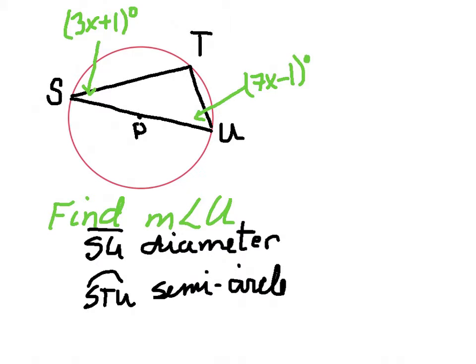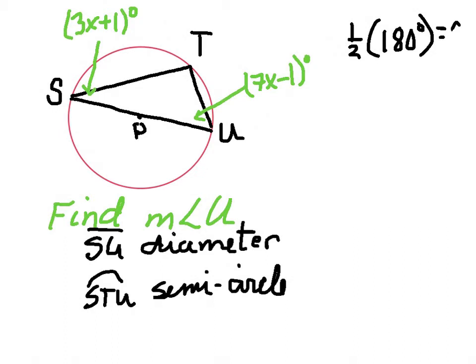When you look at angle S, it's inscribed in arc TU, and angle U is inscribed in arc ST. Therefore, those two arcs add up to the semicircle. So those two angles added together are half of a semicircle, which is 1/2 of 180 degrees.